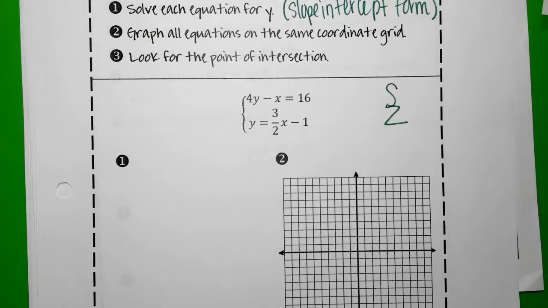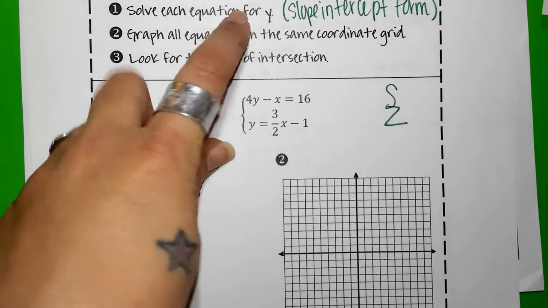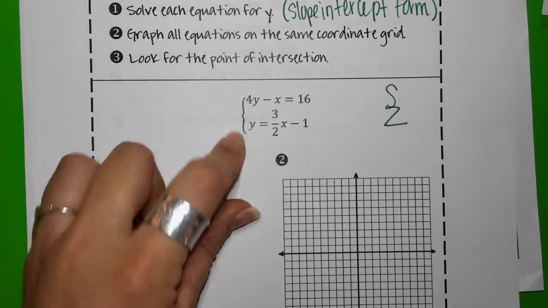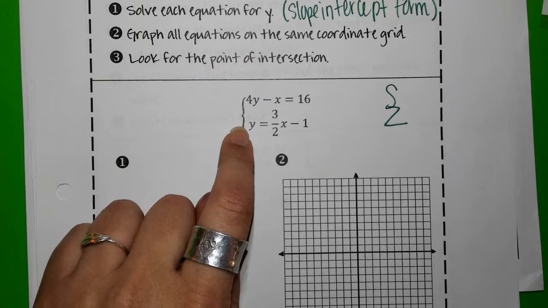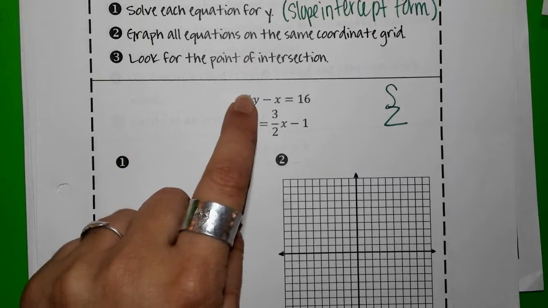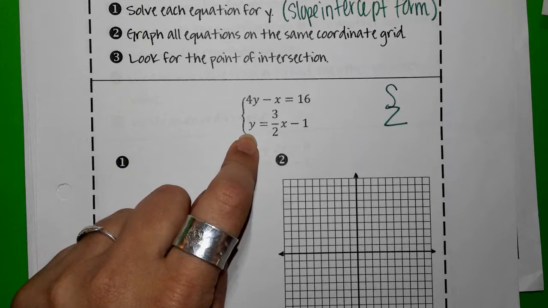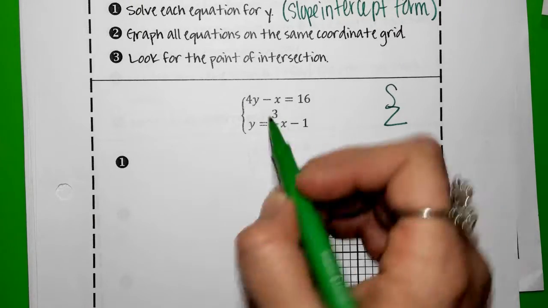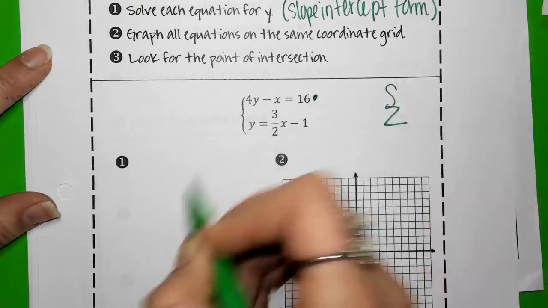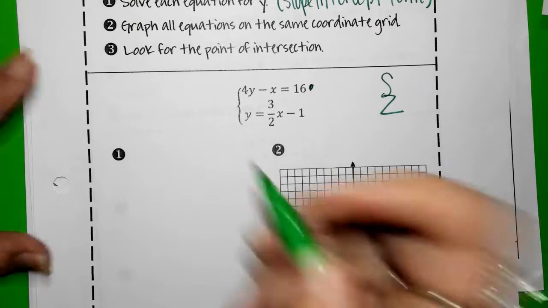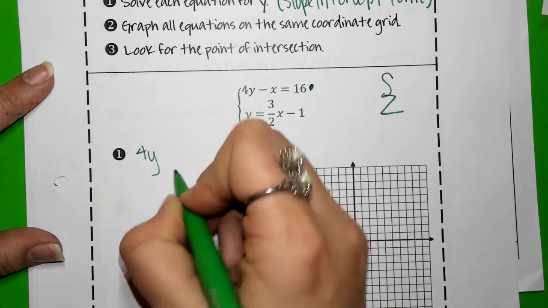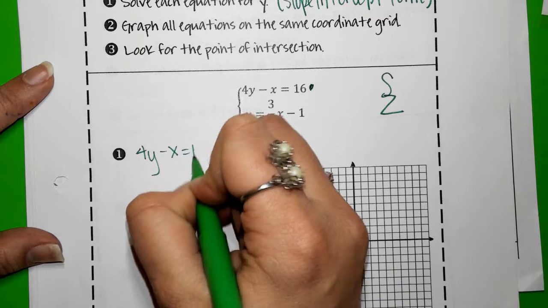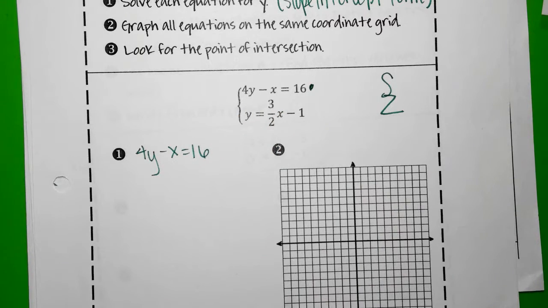Alright, so step 1 is to solve each equation for y. Now, are both of these solved for y? No, ma'am. The first one is not solved for y, so we are going to do that together. Now, I'm going to do this one in green. I don't know why, I just really like green today. So, let's come over here and write 4y minus x equals 16. Now, this is where our practice with literal equations comes in, where we have been solving for a variable.